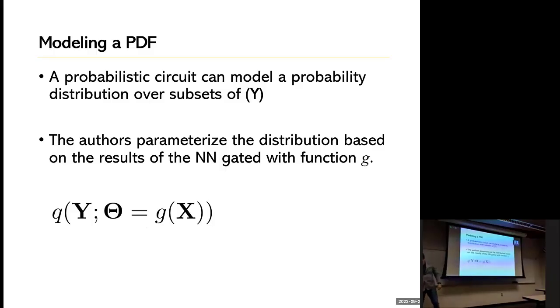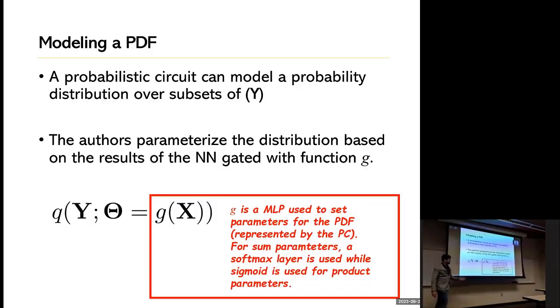Well, G is just a simple multi-layer perceptron, and at the output layer of that, the parameters for the sum are done with a softmax layer, and the parameters used for the product are sigmoid. And this makes a lot of sense, right? Because it ensures that you have this kind of mutual exclusivity and this independence property there.